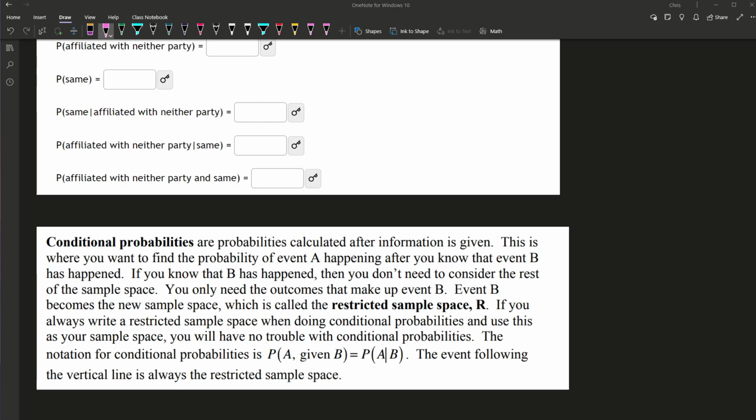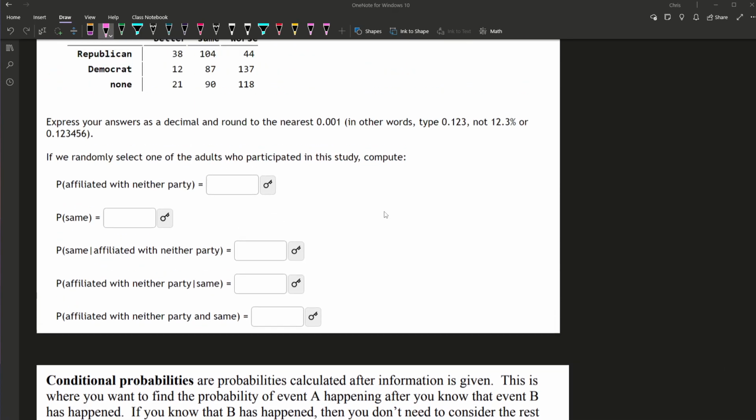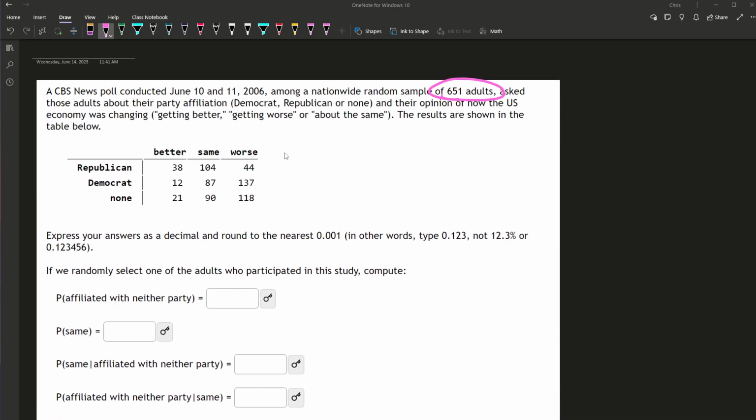The event following the vertical line is always the restricted sample space. So for this problem, we are going to restrict our sample space to whatever comes after this vertical bar. We will no longer be dividing by this 651 for these problems involving the conditional probability.